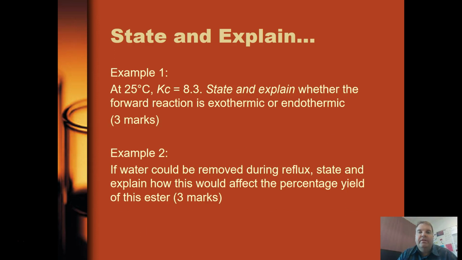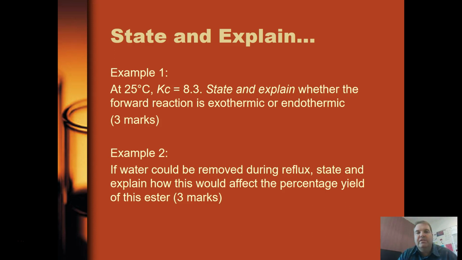State and explain, I've already given an example of one of these. So at 25 degrees, the equilibrium constant is 8.3. State and explain whether the forward reaction is exothermic or endothermic. So at a Kc of 8.3, we don't know the equation for this, but that shows a lot of products. At 25 degrees, and then you need to know the rest of it.